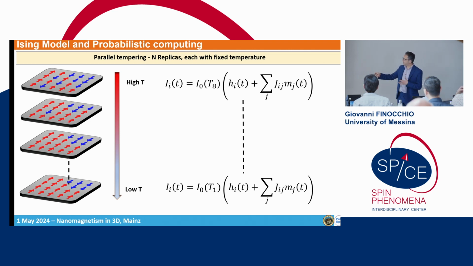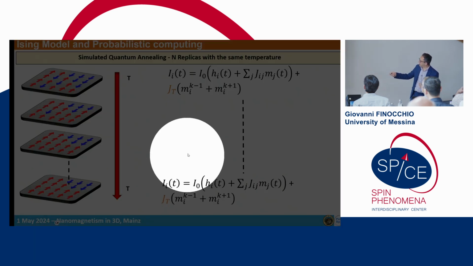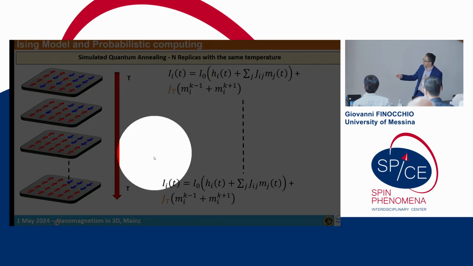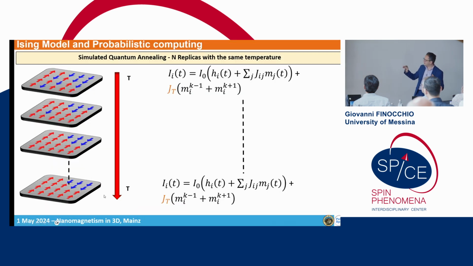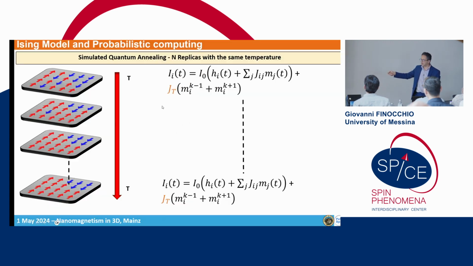And one of the operators you can use in parallel tempering, which I like a lot, is simulated quantum annealing. Now you add a sort of exchange interaction among close replicas. And this emulates more or less what's happening in real quantum annealers. So you have this interaction among all the states, and this interaction transfer field is also increased as a function of time with a proper function.